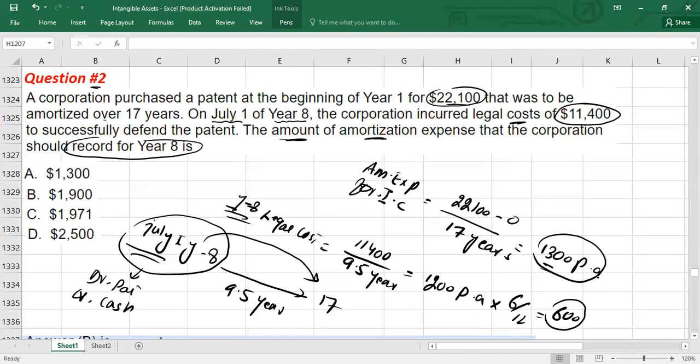If you add these two values, this is going to be your amortization expense for year 8, which is 1,900. If you look at the options, option B is correct.